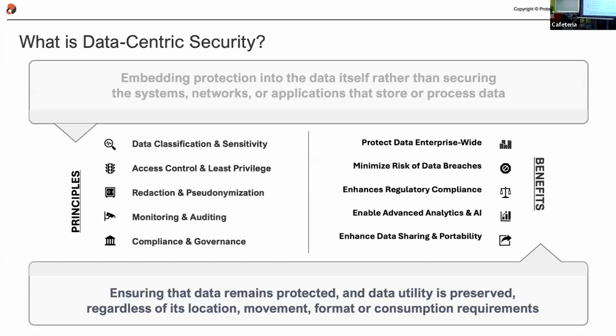So even if systems, networks or applications are broken, if the person reaches the data, it will remain in a secured form and be of no use to that person, because it will be either tokenized or encrypted. We also make sure that the utility of data is preserved, so that protected data, wherever it lies, is usable in any form.